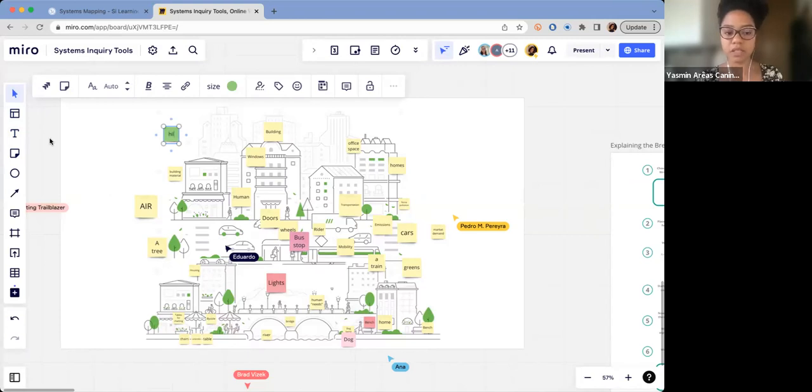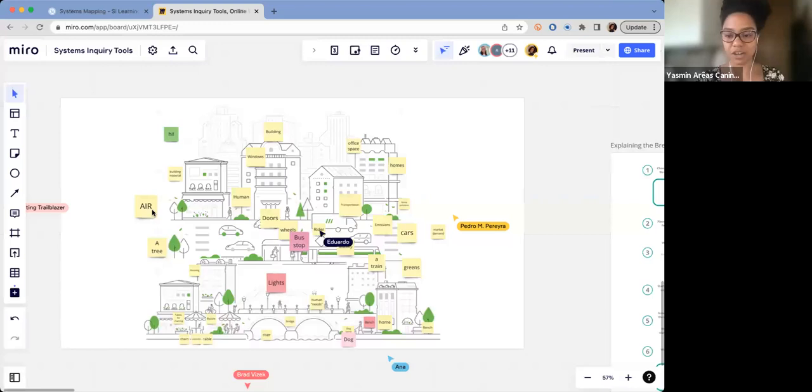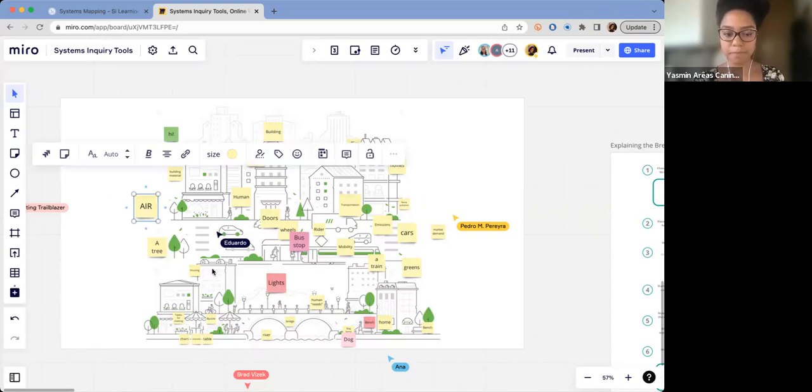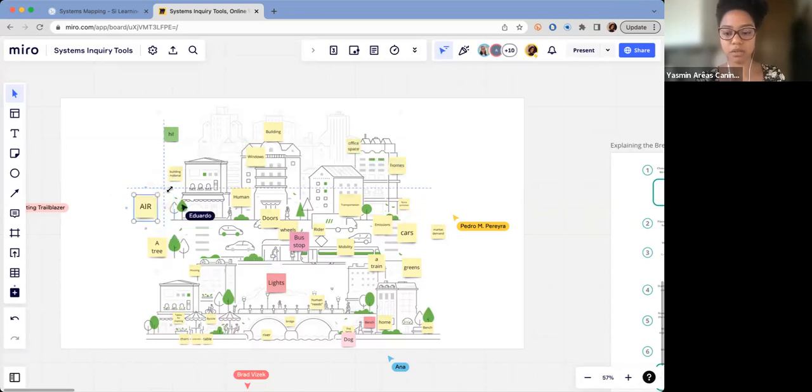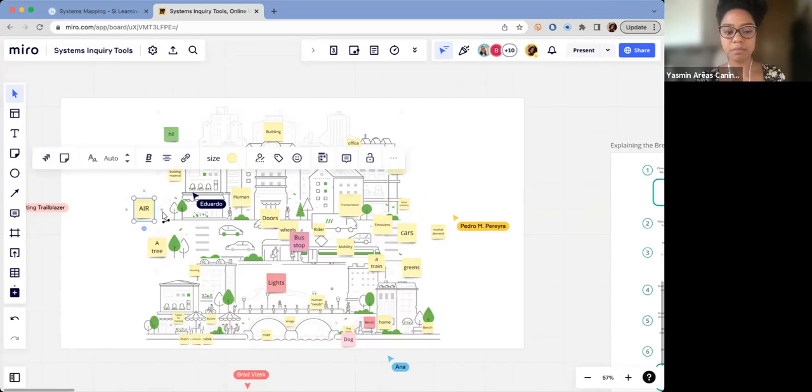Another thing that we are going to use during today's session is the linking feature. If you click on the sticky note, and you can practice on this board here, you have these four corners of the sticky notes. If you drag them, you can make them bigger or smaller, right? And you have these blue dots as well. The blue dots are the ones that we will need for today's breakout rooms, because these are the ones that allow us to connect the sticky notes.